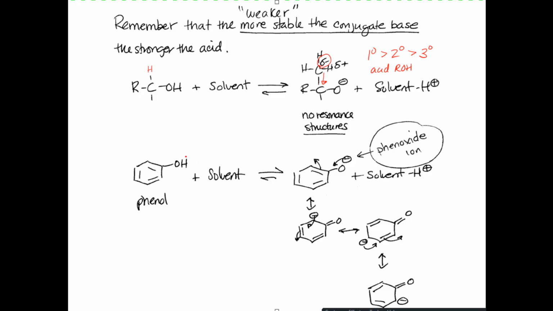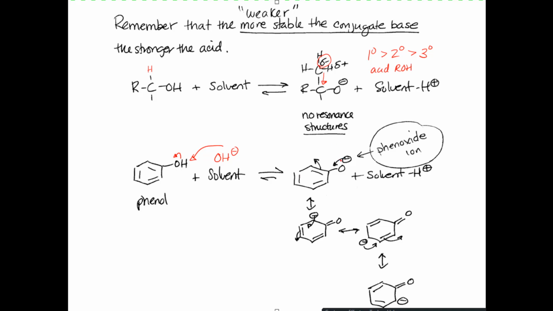So if we take a hydroxide ion, we could definitely deprotonate this phenol. And once we make the phenoxide, there are a number of resonance structures that we can draw. Now, to this point, we haven't really drawn the resonance structures of anions. Remember, we haven't even drawn the resonance structures of carbocations.